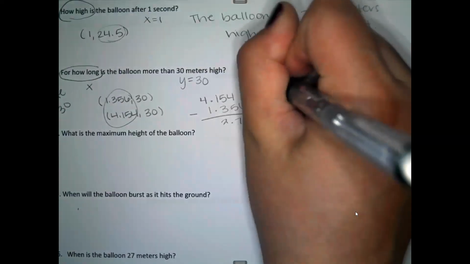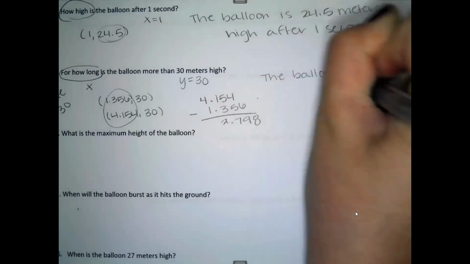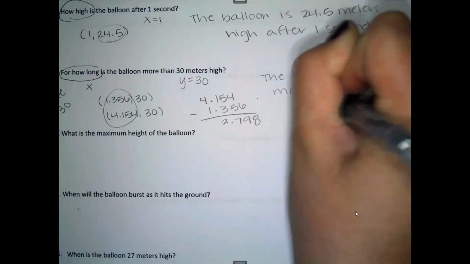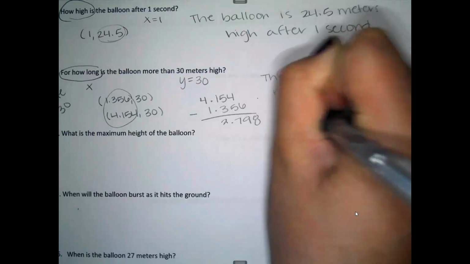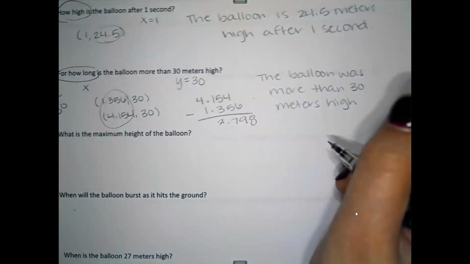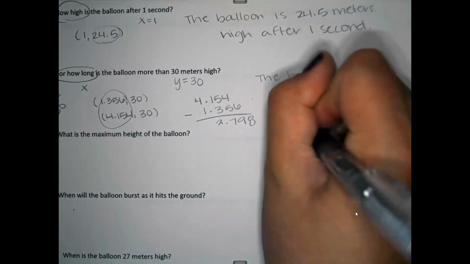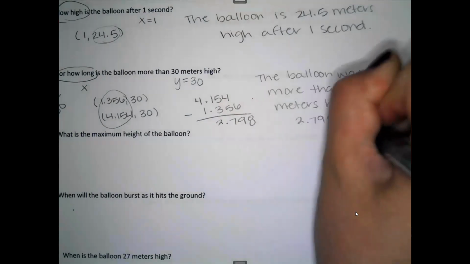So the balloon was more than 30 meters high for 2.798 seconds.